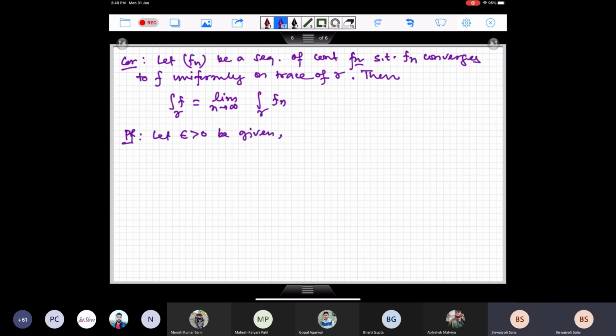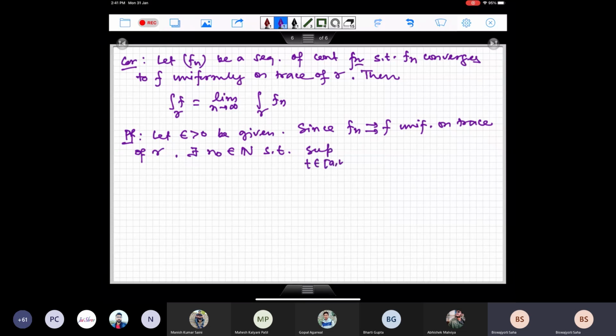Once epsilon is given, since fn, often uniform convergence is written with two arrows, since fn converges to f uniformly on the trace of gamma, there exists n naught in the natural numbers such that, exactly the same definition, the supremum over t in the closed interval [a,b] of the modulus of fn(t) minus f(t) is less than epsilon for all n bigger than or equal to n naught. This is the definition of uniform convergence.